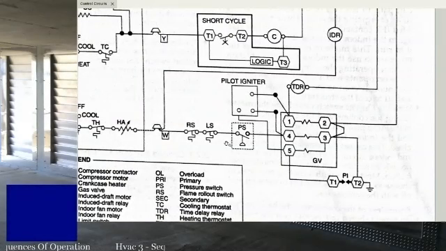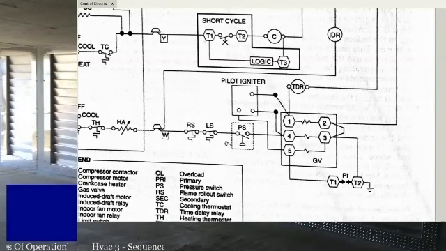So usually, if you know a gas furnace sequence of operation, you're good with almost any gas pack unit you run into. You're good with most water heaters that have an induced draft motor, like a power vent water heater. It's going to work almost exactly the same. All these things go through the exact same sequence, and if you know that sequence, you can troubleshoot from it.